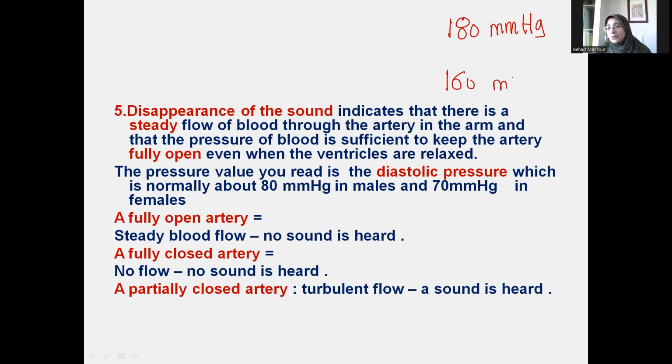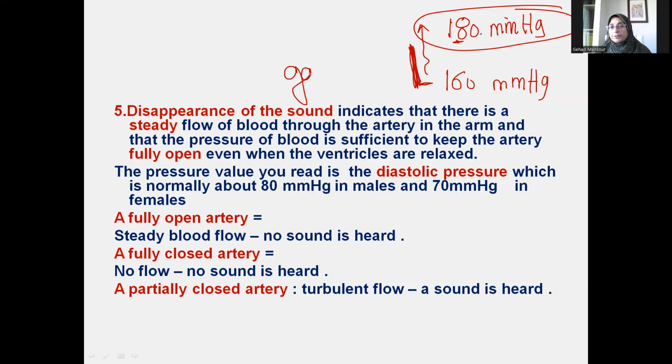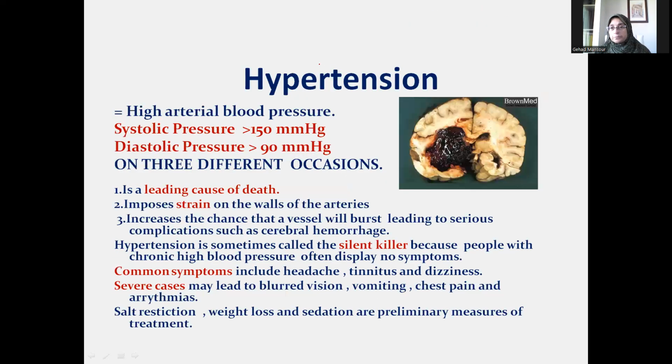So you might hear the last Korotkoff sound at 160 and be contented with this and say the systolic pressure is 160. But if you raise it 20 millimeters more, you will find that actually you can hear another Korotkoff sound, and that the pressure of the patient is 180 or even 190. This gap where you hear no auscultatory sounds, although the pressure is high, is called the auscultatory gap.